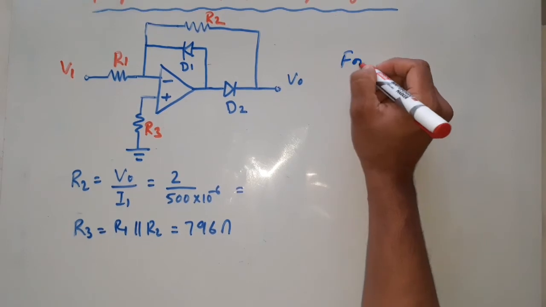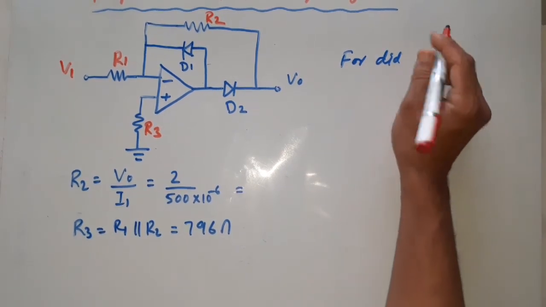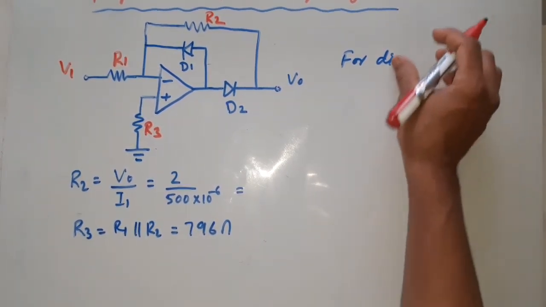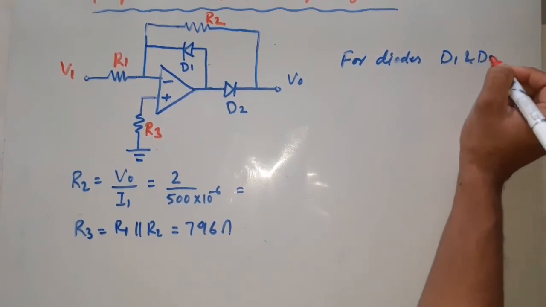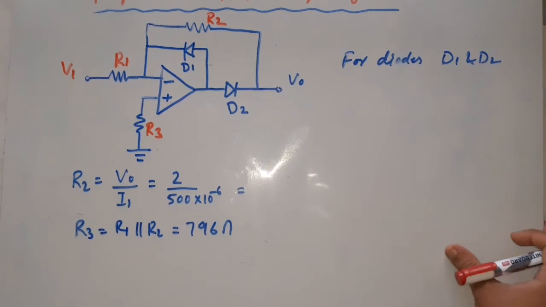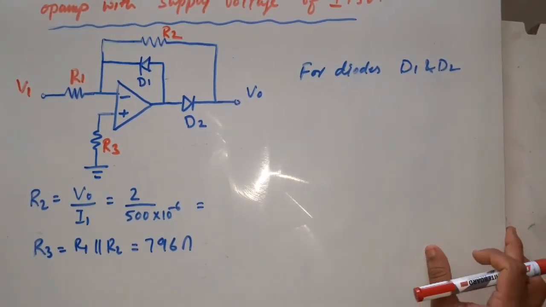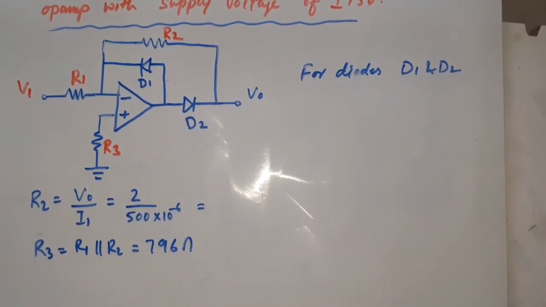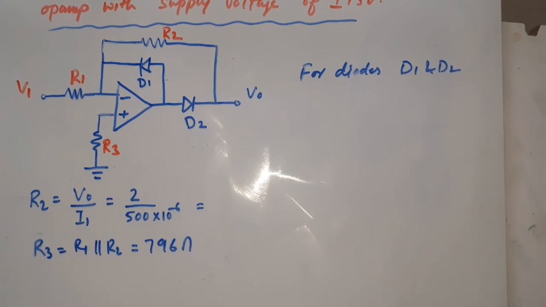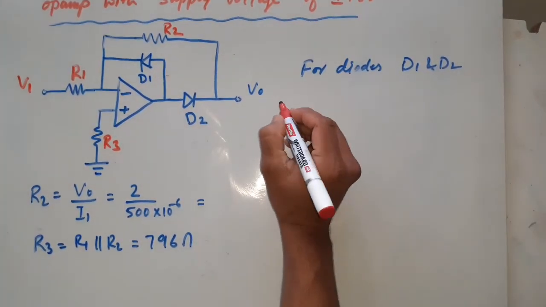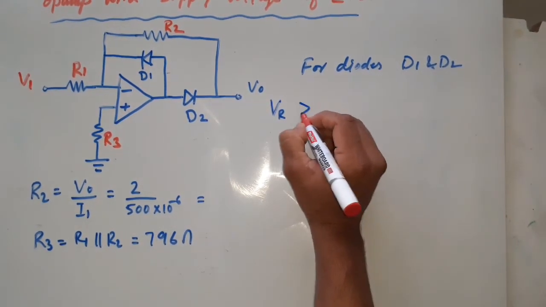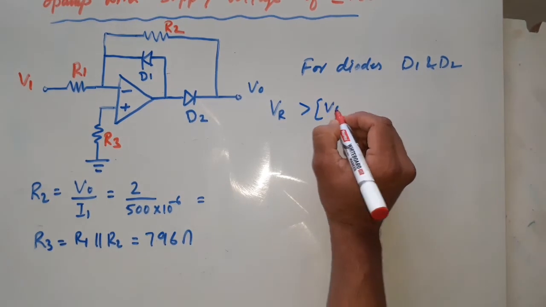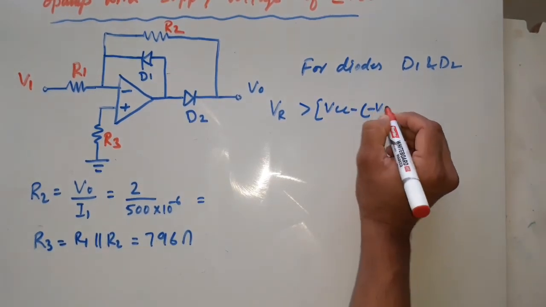For diodes D1 and D2, the reverse voltage VR should be greater than VCC minus VEE.